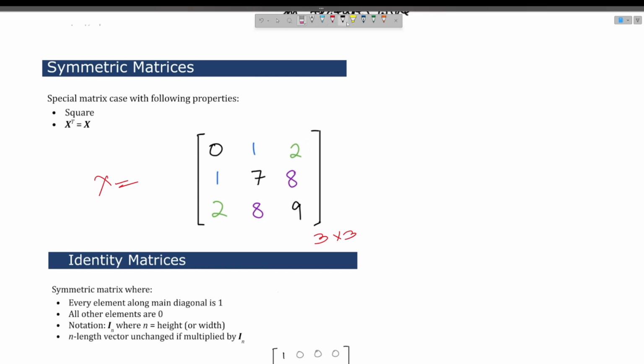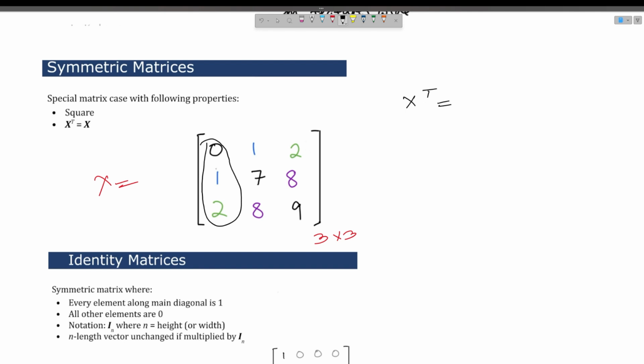Okay, let's understand what transpose means. So here we have 0 1 2, 1 7 8, 2 8 9, right? We have these values in the first column. This is totally X. But talking about the transpose matrix, what should we have?